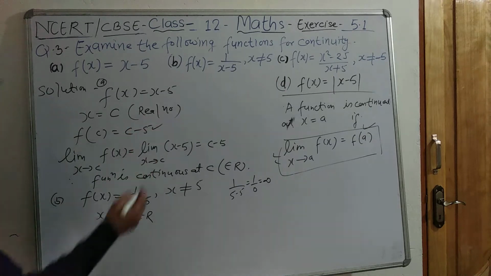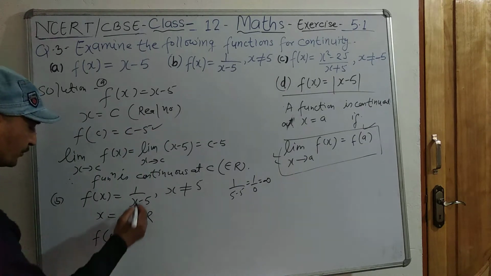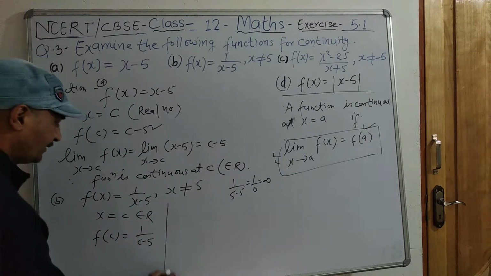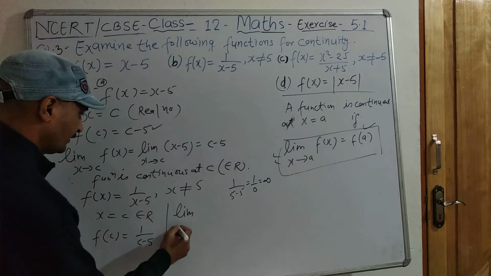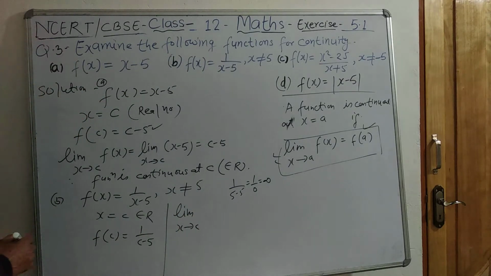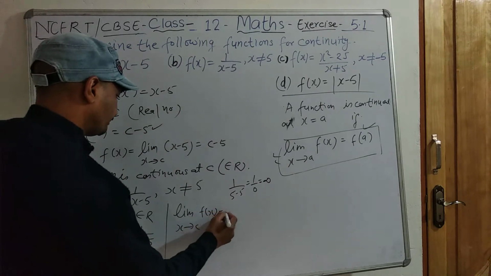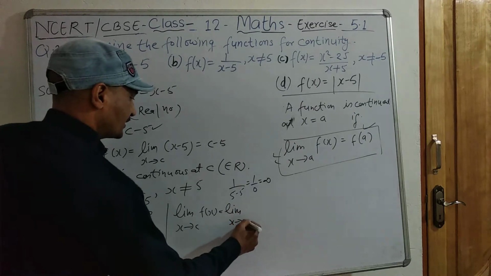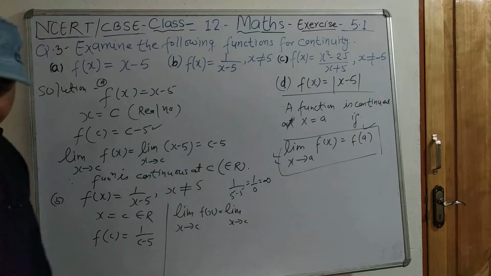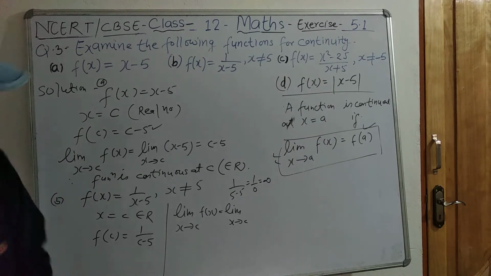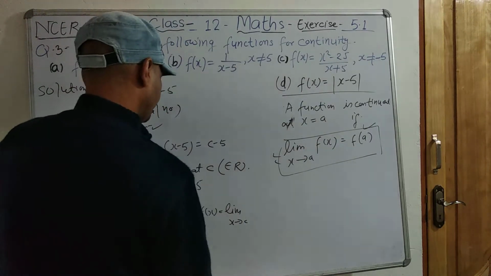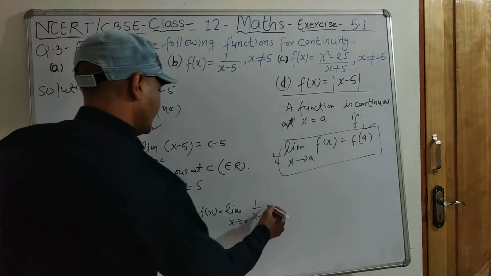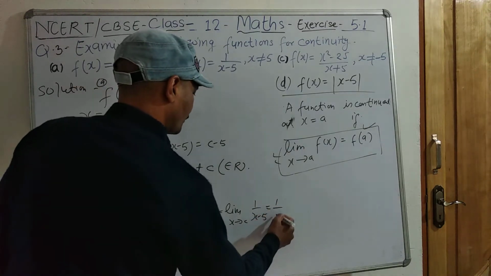Then first of all, we take f(c) equal to 1 upon c minus 5. Then we find limit x tends to c of our function, 1 upon x minus 5, equal to, with x is c, 1 by c minus 5.